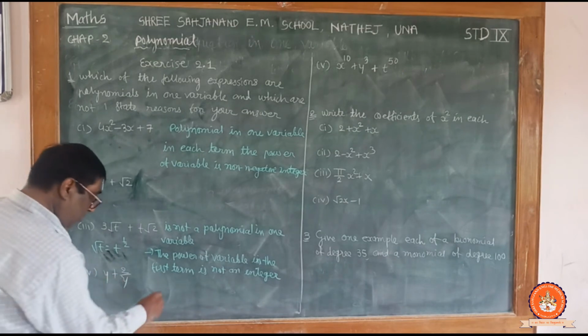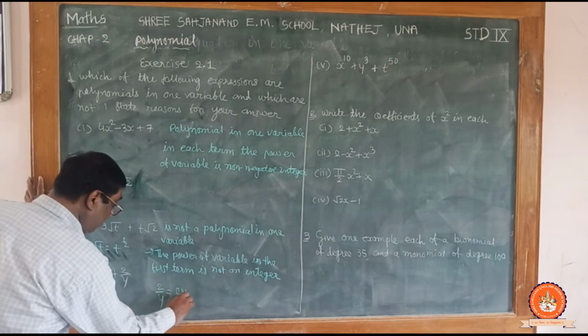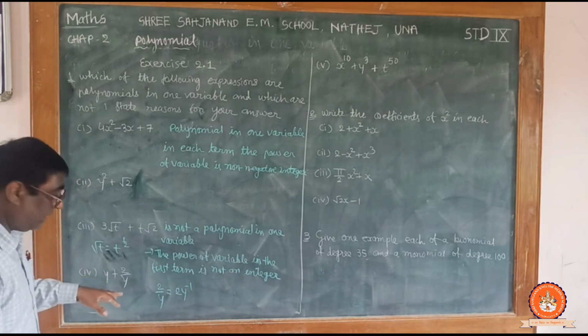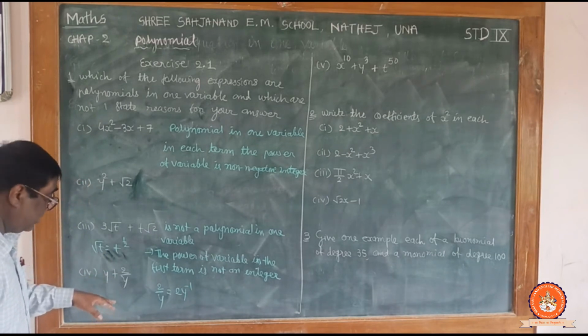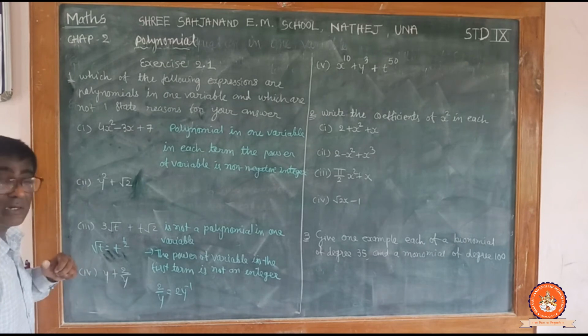So 2 by y is equal to 2 into y raised to minus 1. If you see any variable in the denominator, it has a negative power.